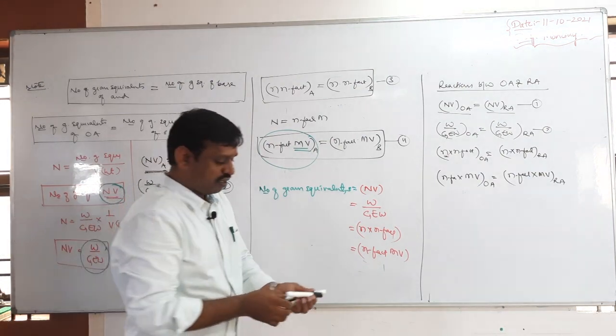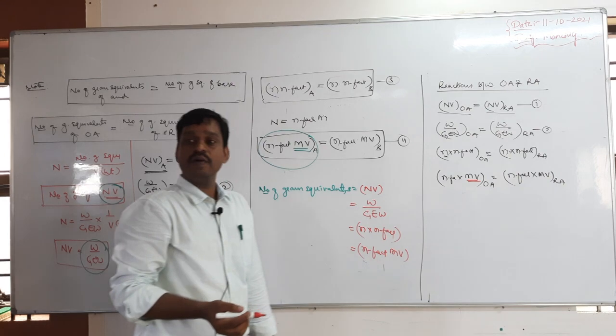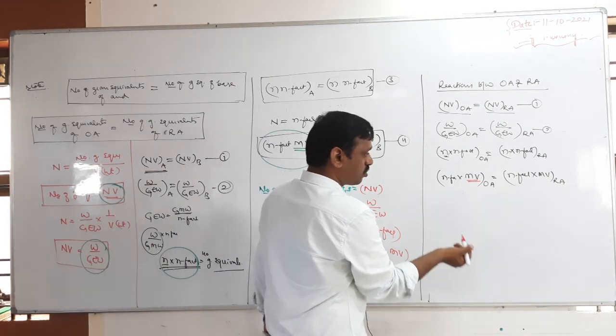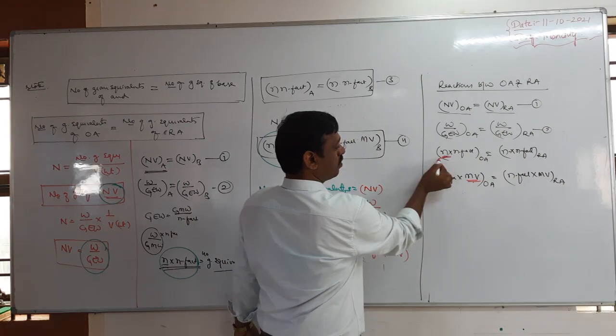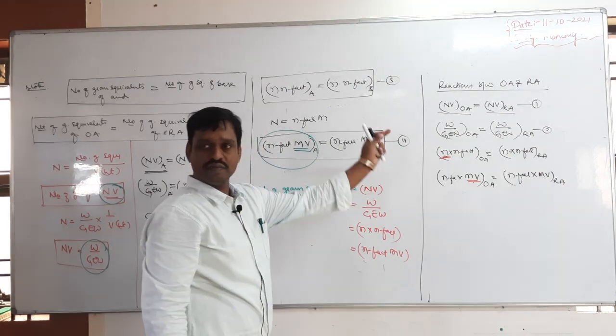And moreover, do you remember what M into V is? Number of moles. In the last class you studied number of moles. It is the same, all are the same.